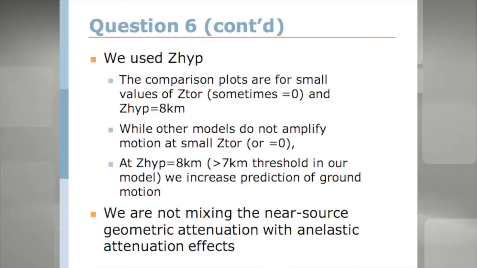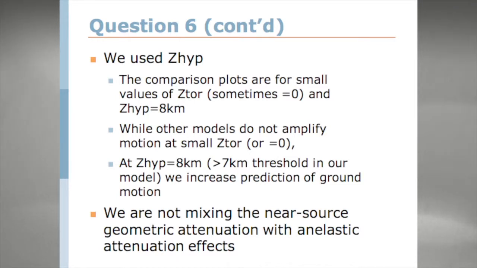The other thing, comparing our model versus the other models, as I mentioned, we use depth to hypocentral distance. And I think Nick universally, or in many cases, used a hypocentral depth of 8 kilometers. And for many cases, at least for this project, I think he used ZTOR either 0 or very small.